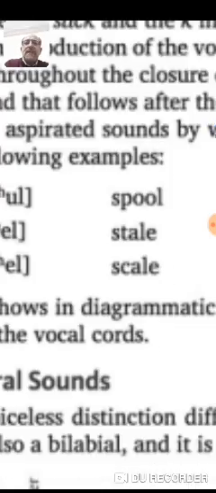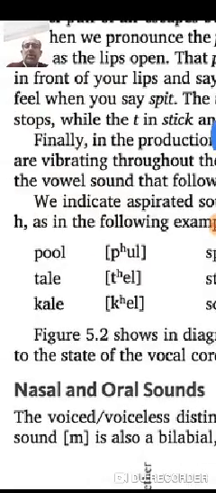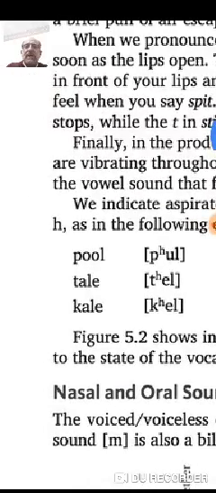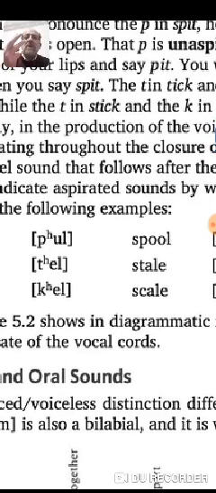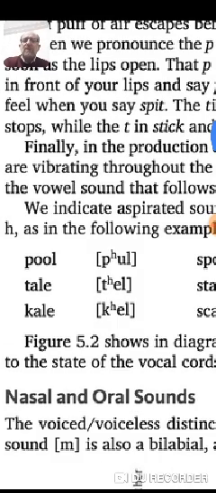For your exercise, go and send me these six words: pool, spool, tail, stale, kale, and scale. There must be six of them. You say your name, and then you pronounce the aspirated and unaspirated sounds in English: pool, spool, tail, stale, kale, and scale.